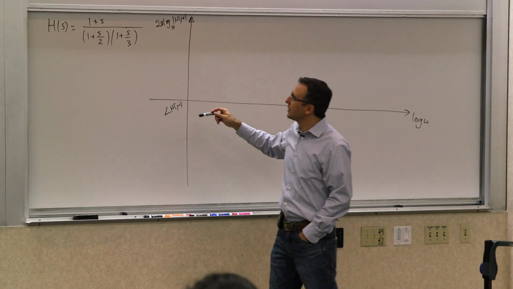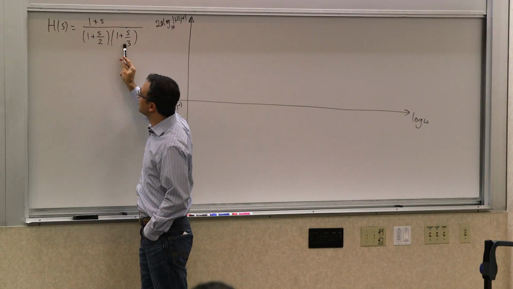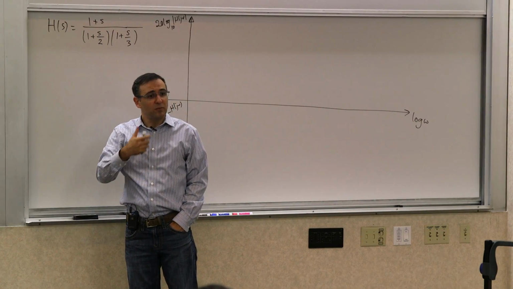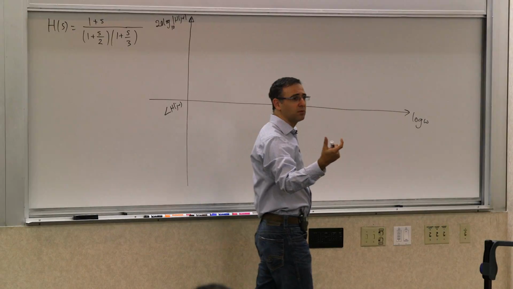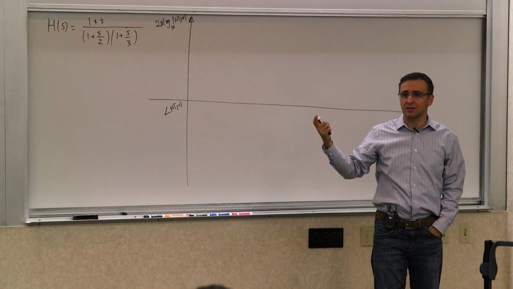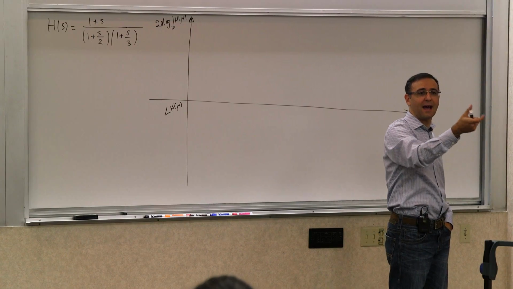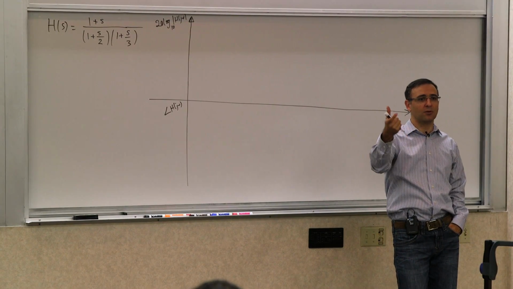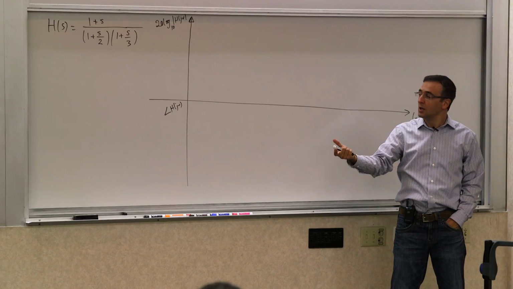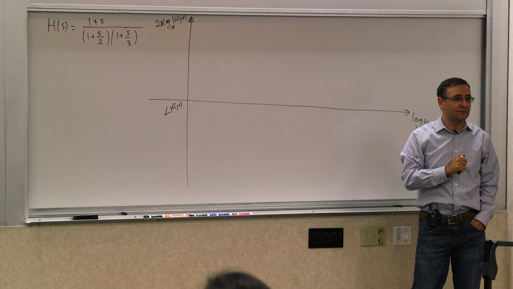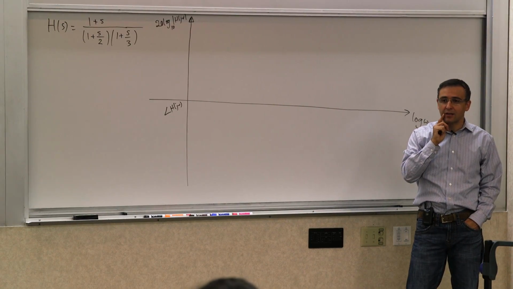So we have three terms. We have one zero and two poles. But we know something about the Bode plots. The Bode plot is the aggregate of these three because these are basically just getting multiplied. You can think about them as three systems in cascade, one has the zero, one has a pole, one has the other pole. So we can actually look at them independently and then do the aggregate of all three.